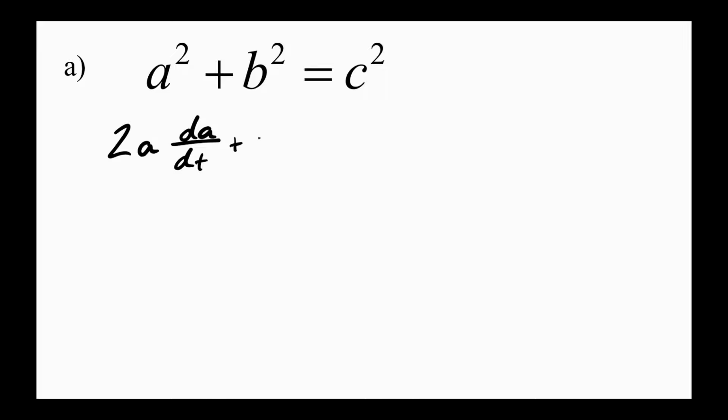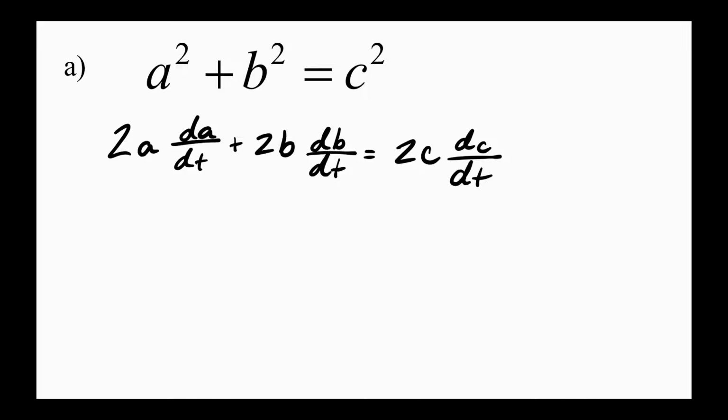Same thing with 2b. It's with respect to time. And same thing with 2c. It's with respect to time. So I'm taking the derivative of each of these letters, A, B, and C, with respect to time. So that's why I have to have those little tags there.